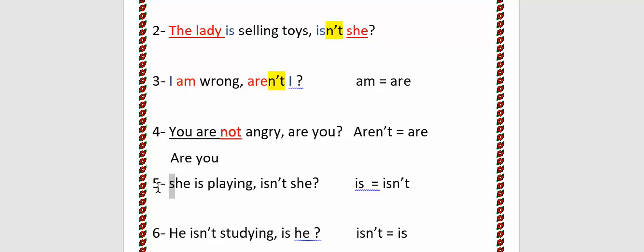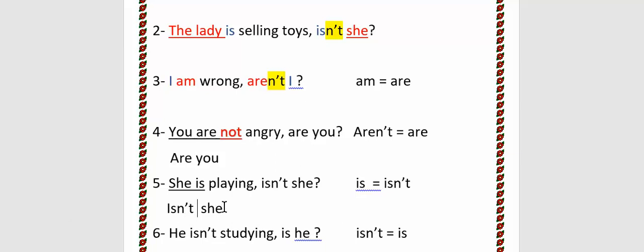She is playing. Now, what is the opposite of she is? The opposite of she is is she. But because here is positive without not, so here will contain not.